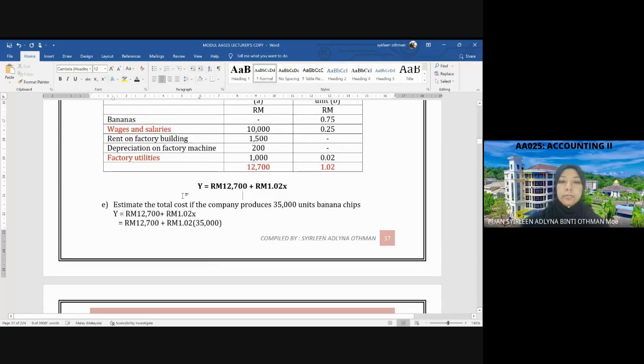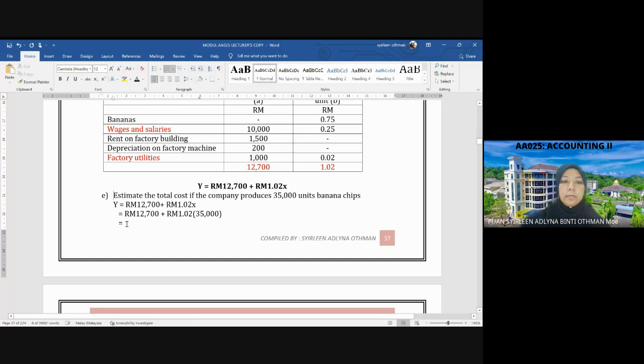So now, kalau saya gantikan X tu dengan 35,000, so the total cost, overall cost that we need to bear to produce 35,000 units of banana chips is RM48,400. Okay, ini untuk example 2. Okay ya, sampai sini okay? Boleh? Alright. I patah balik kepada C.